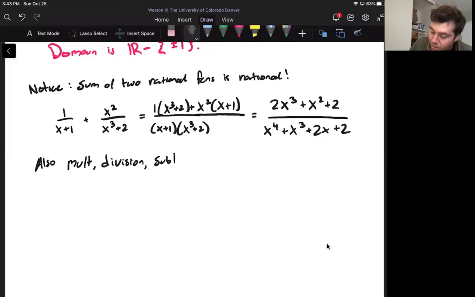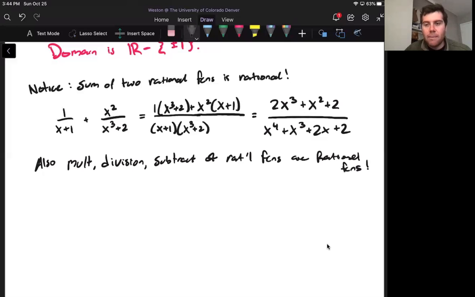Multiplication, division, and subtraction. So sometimes that's useful. And we'll see those properties come up in later problems that we do.